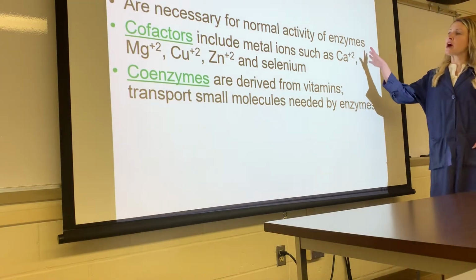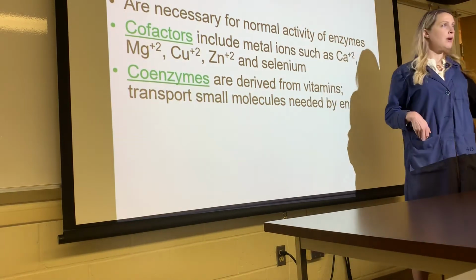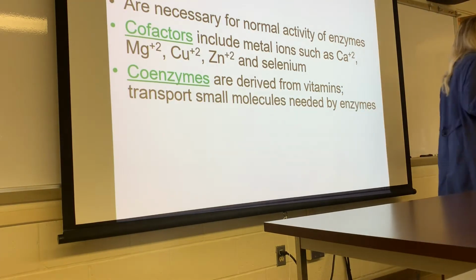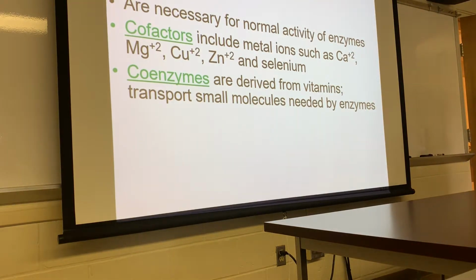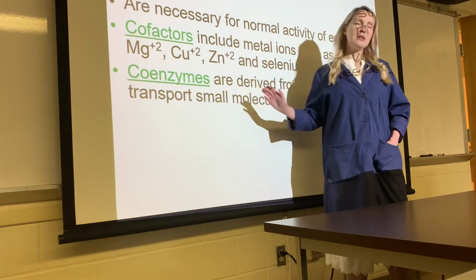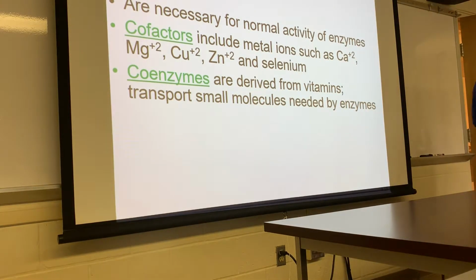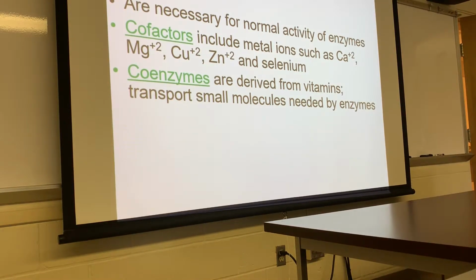All right, so talking about cofactors and coenzymes, these guys are necessary for the normal activity of enzymes. So they help enzymes out, basically. And coenzymes, we are going to be talking about with glycolysis and the metabolic pathways. They're really not explained too much here, but essentially these are going to be derived from vitamins like niacin and riboflavin.